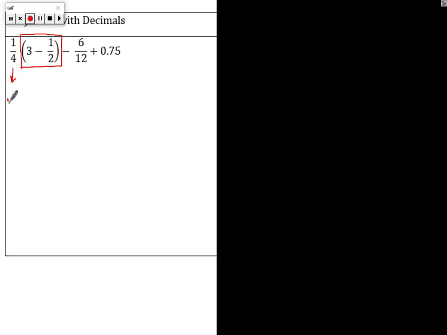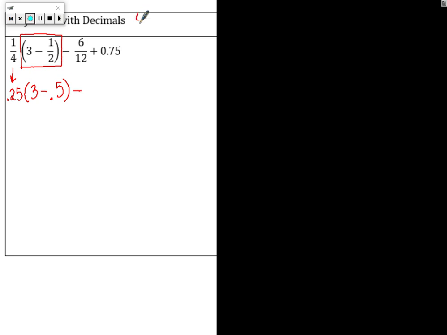That's right, 1/4 is worth 0.25 because there are 4 quarters in a dollar. 1/4 would be worth 25 cents. Then I'm supposed to multiply that by 3 wholes minus 1/2. We know 1/2 is the decimal 0.5. Next, we have 6/12.